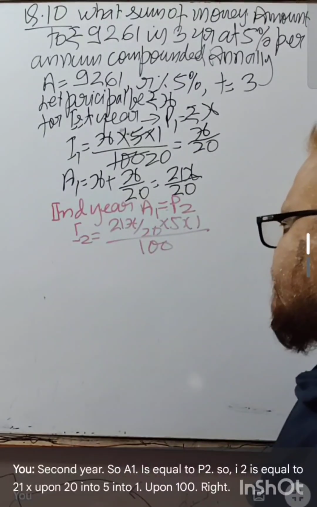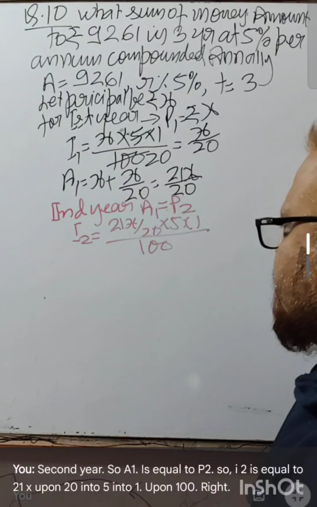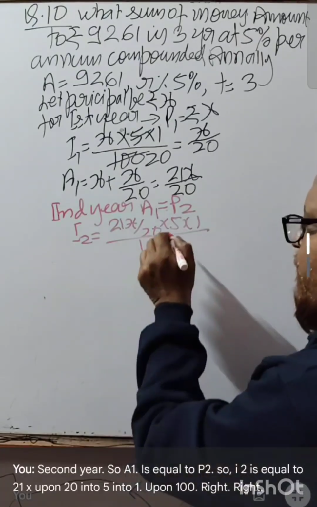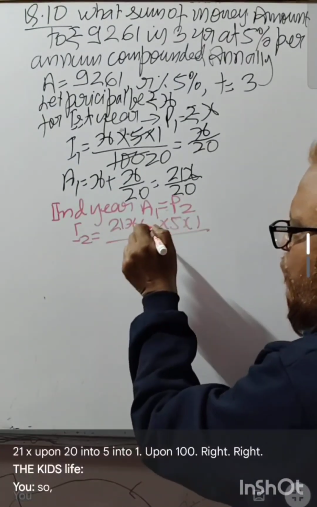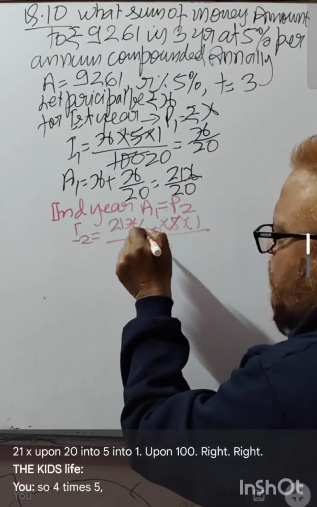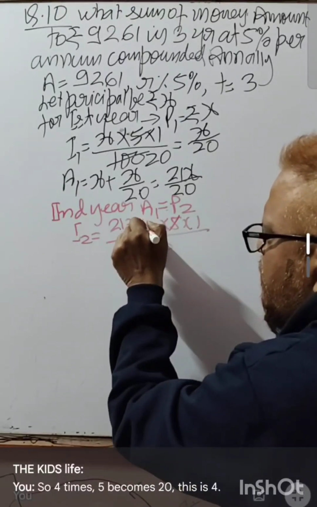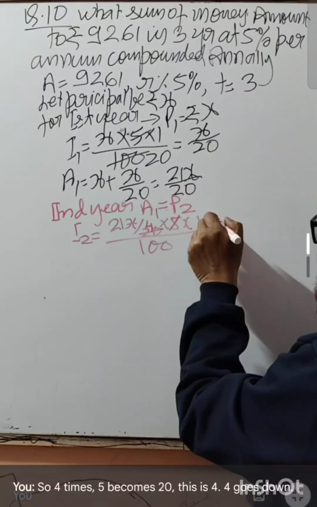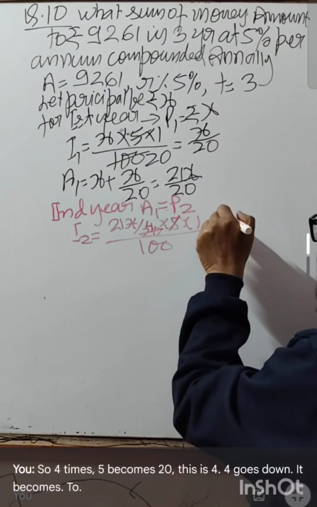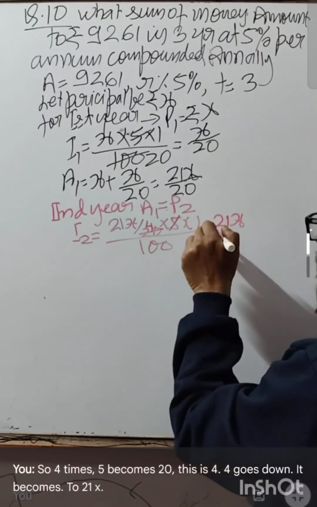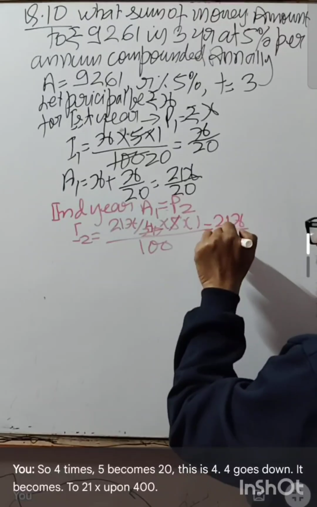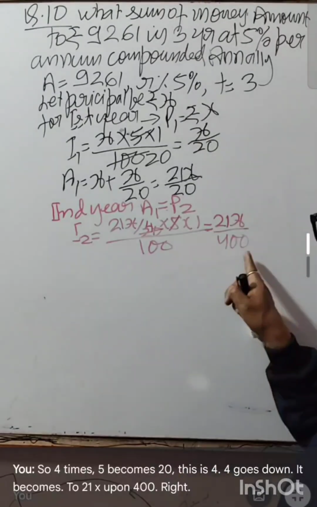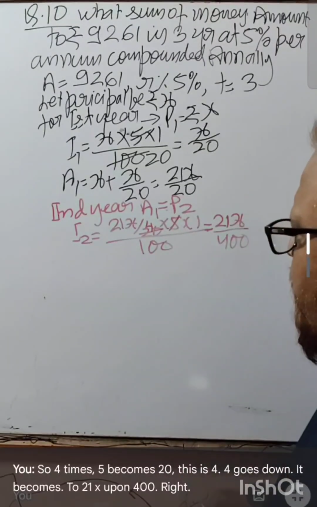So 4 times 5 becomes 20, and it becomes 21x upon 400. Right?